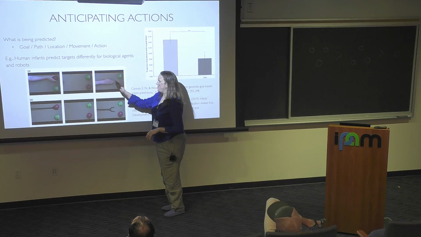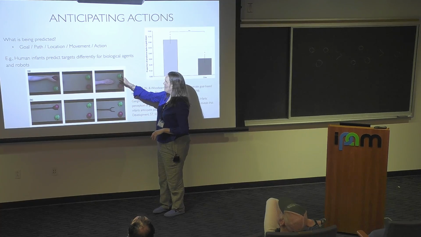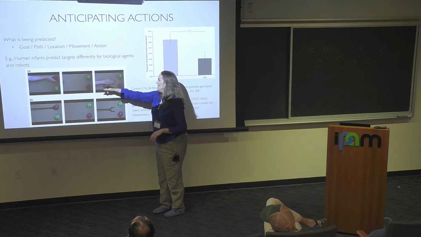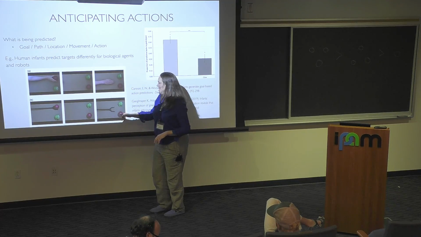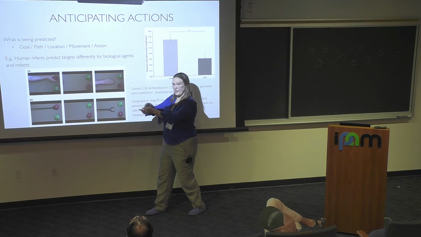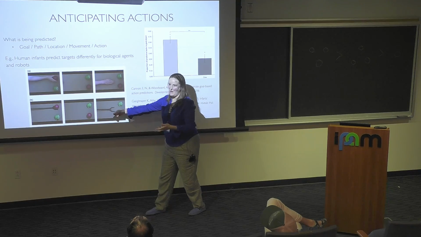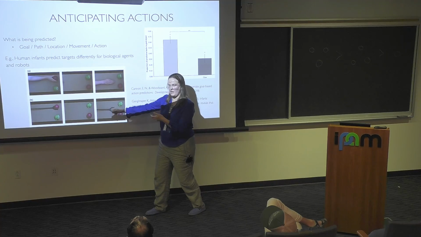Then you show them a video where the human's hand just extends out into the middle, and you see, does the infant look at the ball, or does the infant just look at the thing that's moving? When it's the hand, they anticipate that the hand will move towards the thing it has chosen, but they won't make the same goal-based assumption for the non-biological agent.